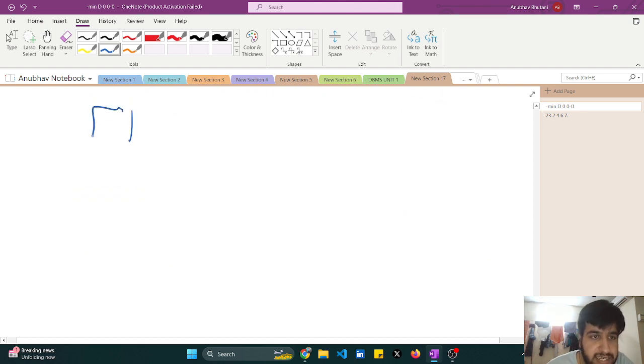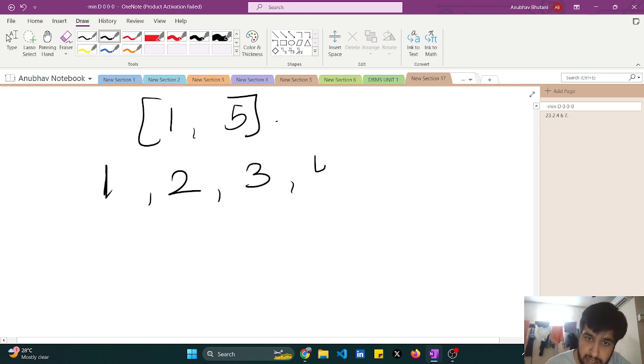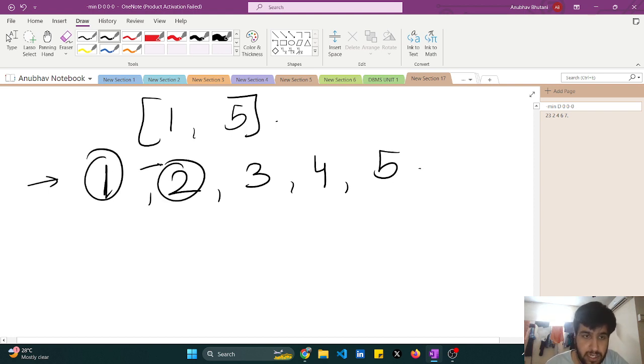So if I take a range from 1 to 5, what I have as my numbers is basically 1, 2, 3, 4, and 5. I don't have to check for 1 because it is a prime number for sure. 2 is also a prime number. 2 is the only even prime number.